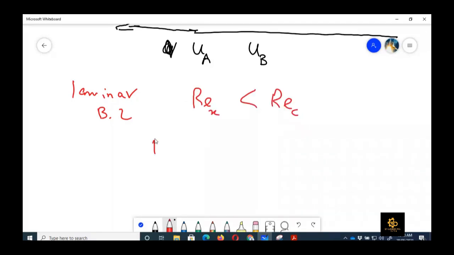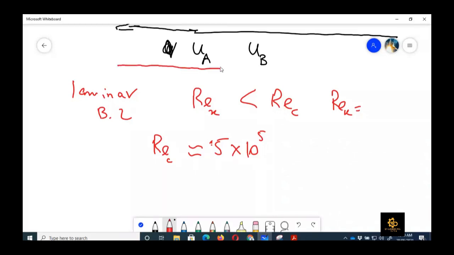The critical Reynolds number we define as equal to 5 times 10 to the power 5 for external flow, right? Or we can also say around 2 lakh or 3 lakh depending on the surface roughness. But usually we take it as 5 lakh for a flat plate. And what is Re_x? Re_x is the Reynolds number depending upon the distance from the leading edge. So x is equal to 0 at the leading edge, and then it increases as we increase the length of the plate.